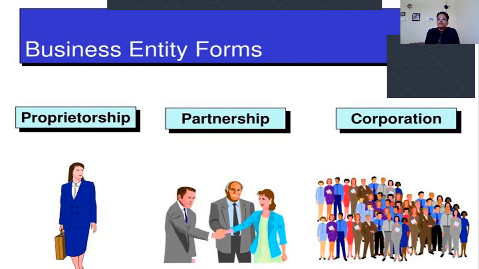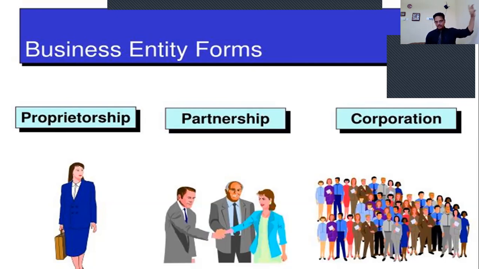Then another is perpetual succession, continuous existence. It's a very big advantage of the company, because if death, insolvency, or retirement, or anything happens to the members or shareholders, the company will still exist. The company is a separate legal entity.